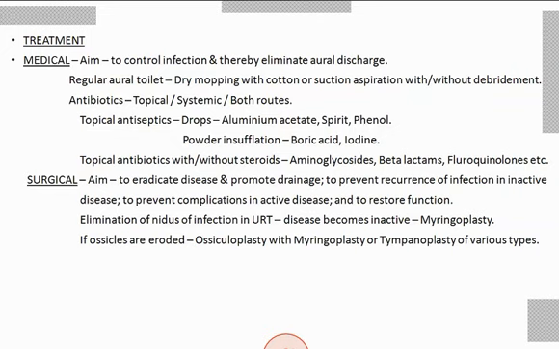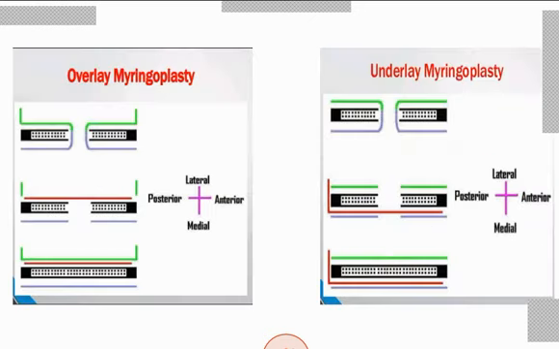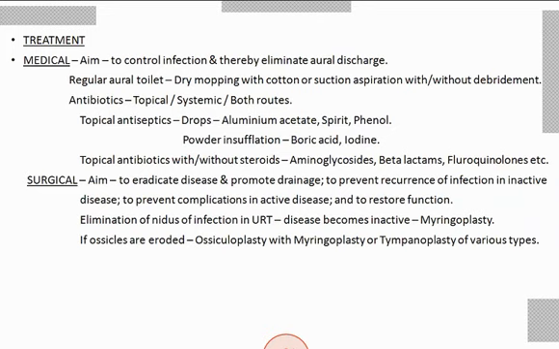So eradication of disease followed by reconstruction of the hearing mechanism is called tympanoplasty. Myringoplasty is simple reconstruction of the drum. Tympanoplasty consists of various types: type 1, 2, 3, 4, and 5. Type 1 tympanoplasty is eradication of disease from the ear followed by myringoplasty. That is called type 1.